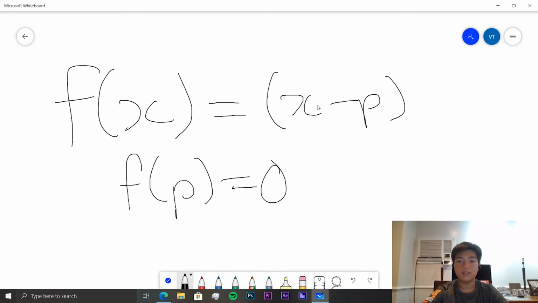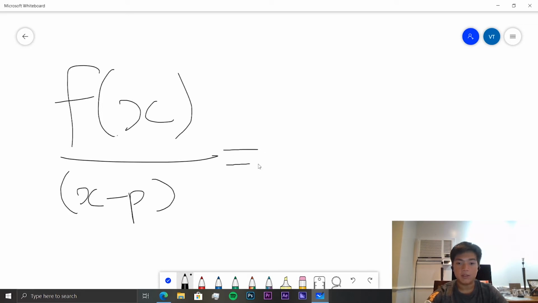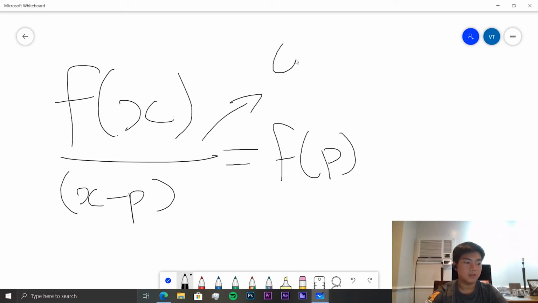This is pretty much a direct proof. If the result of f of x over x minus p, which we know is equal to f of p, is a factor, then this remainder should be 0. Therefore, f of p should be equal to 0.